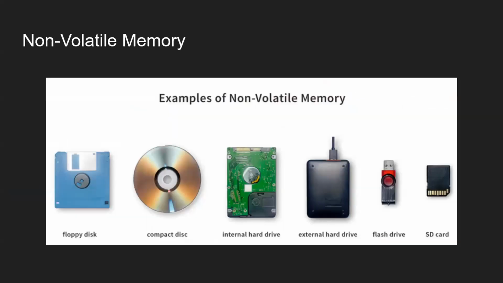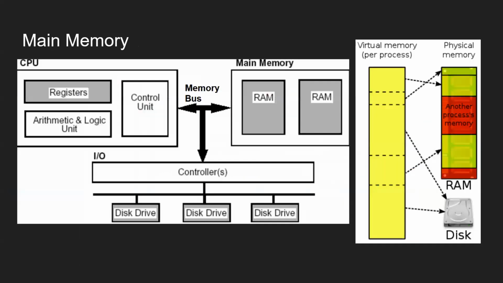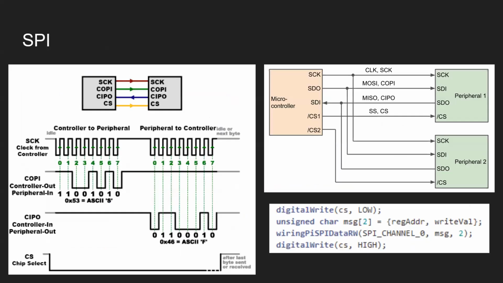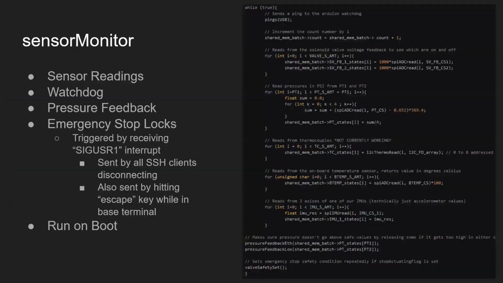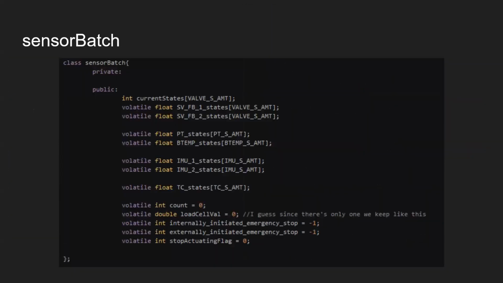Remember how your program is only able to access memory that's allotted to it. We tell the operating system, hey, give us this chunk of memory that any process that registers can access. We set this data structure in that memory location, and we have one program writing to those sensor values constantly. Then every other program that needs to read sensor values simply reads from sensor batch.